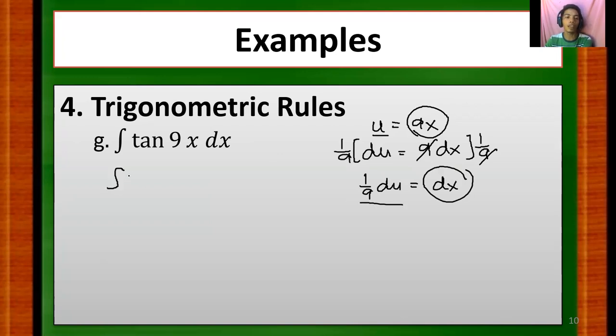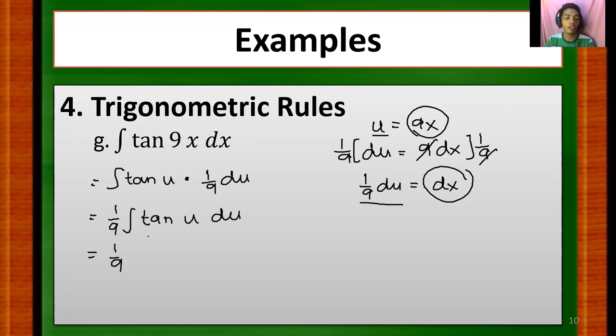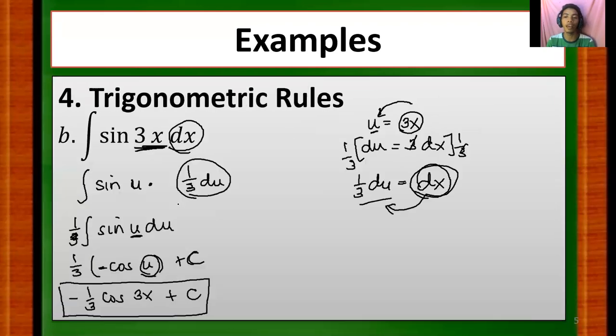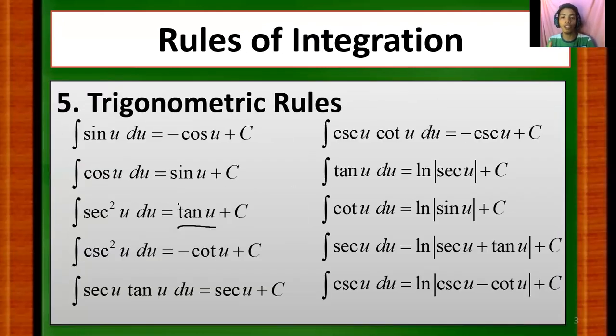So I will have the integral of tangent u multiplied by 1/9 du. So yung 1/9 integrating factor ilalabas. So I will have 1/9 integral of tangent u du. So I will have 1/9 multiplied by, ano ba ang integral ng tangent u du? Kung mapapansin natin, dun sa ating formula, ang tangent u du ay ln of secant u plus c.